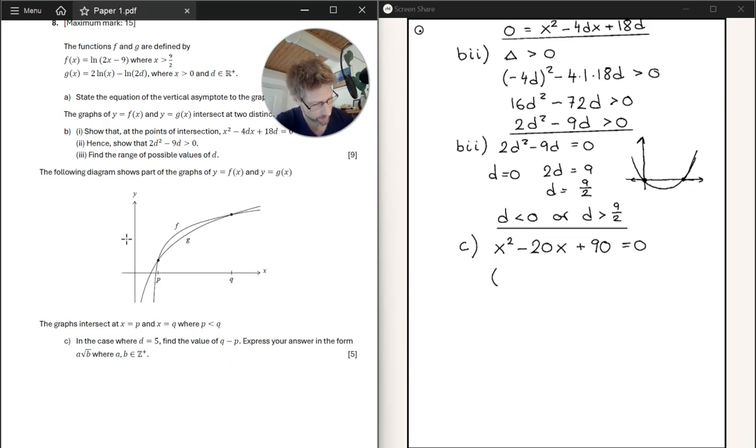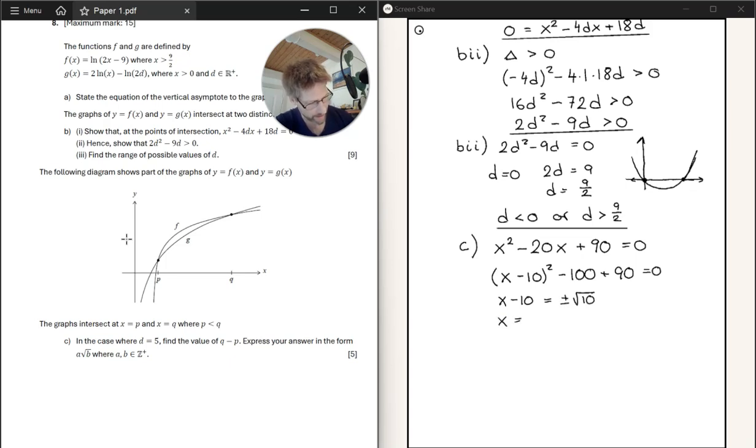I like to do, especially when this coefficient is an even integer, completing the square, so x minus 10 squared, and then we subtract 10 squared, that's minus 100, plus 90 is 0. So putting that on the other side, we get that x minus 10 is equal to plus or minus the square root of 10.